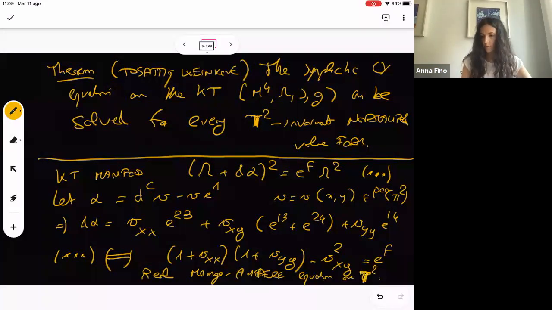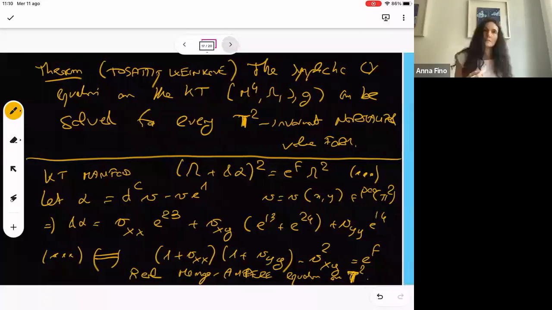Probably I denote it with one line, I don't remember. Okay, so for this case, we can apply a general theorem due to Yang Li.